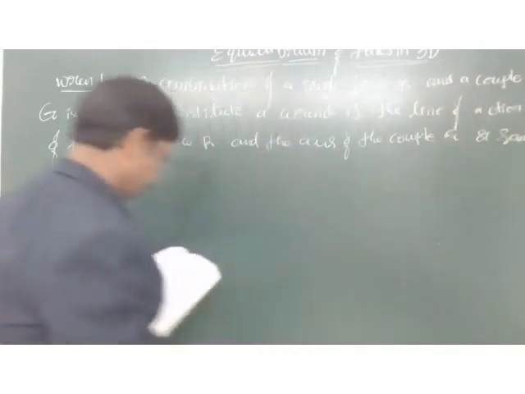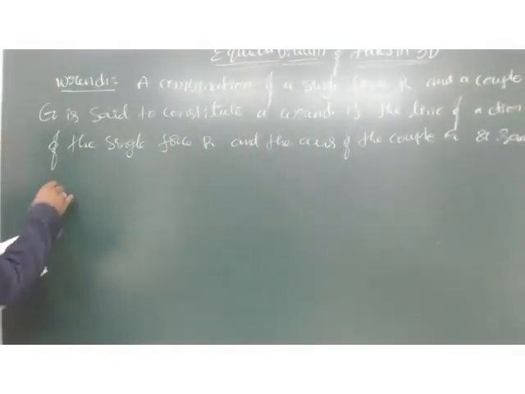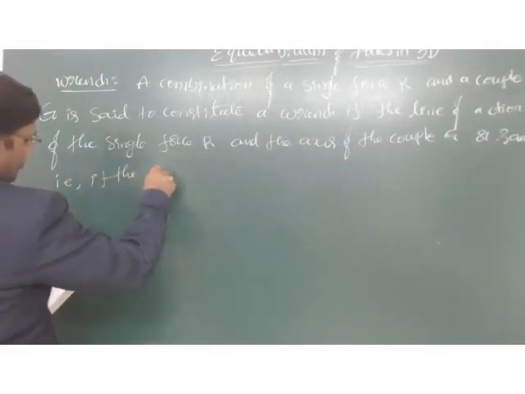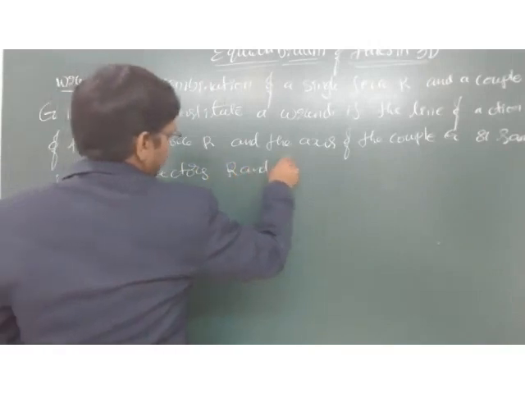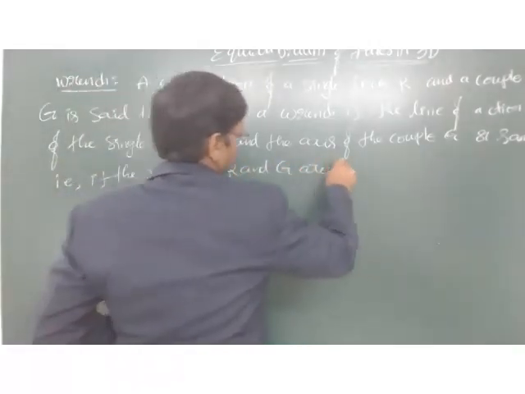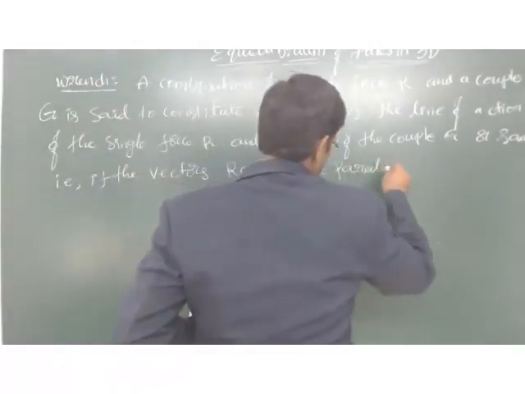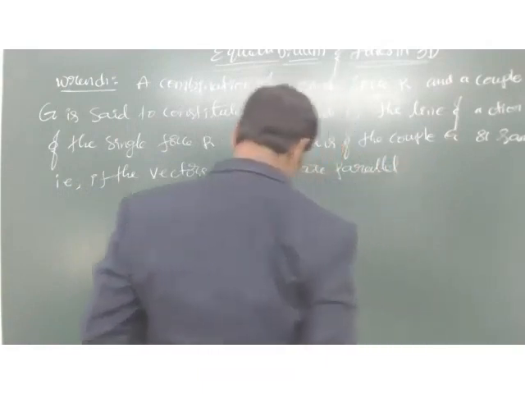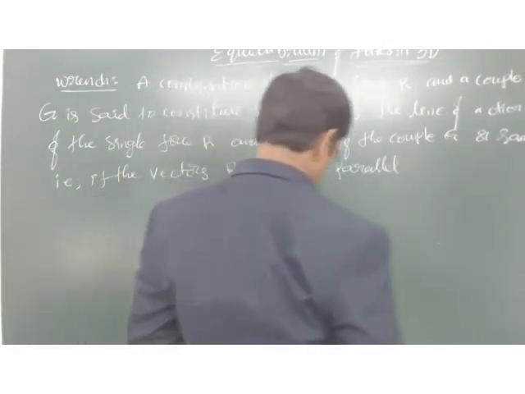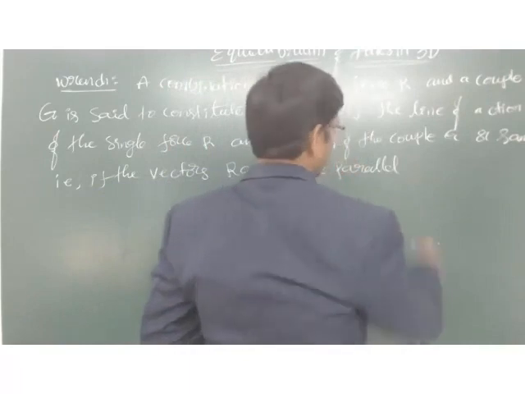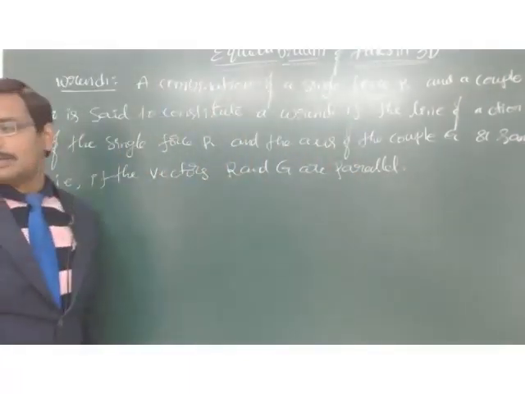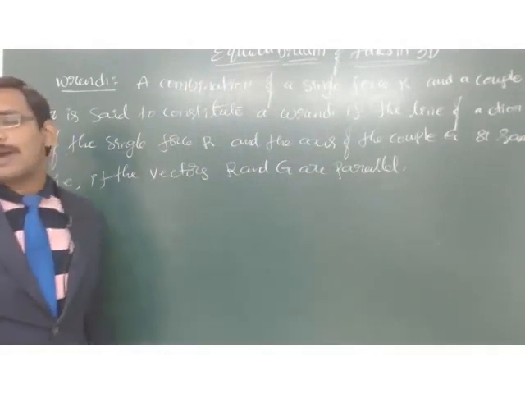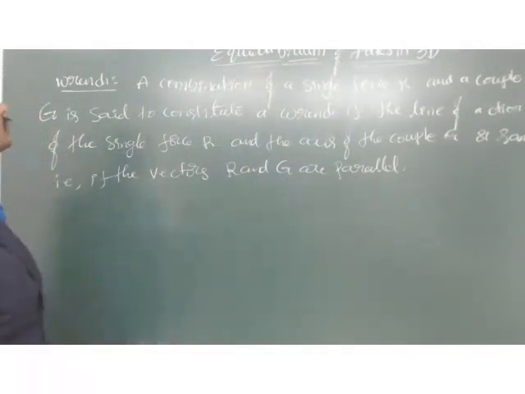That is, if the vectors R and G are parallel. So this is what is called a wrench. That means the couple and the resultant force have to be parallel to each other. So that's the scenario.